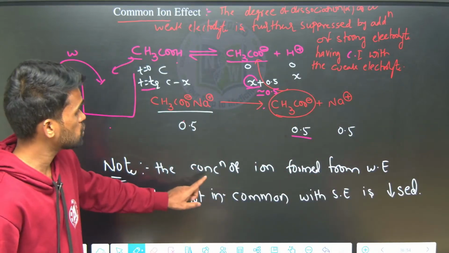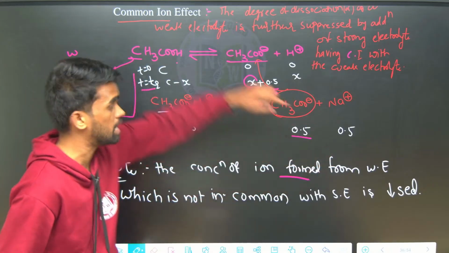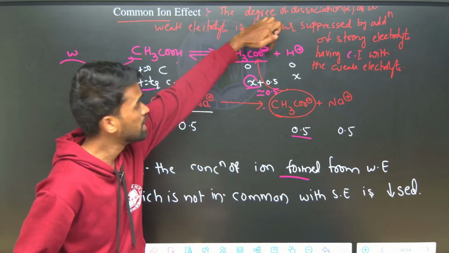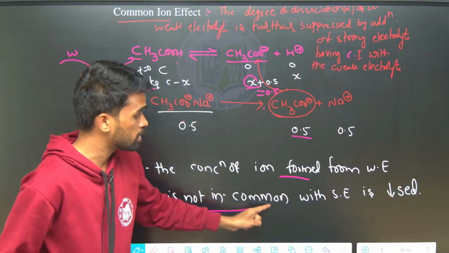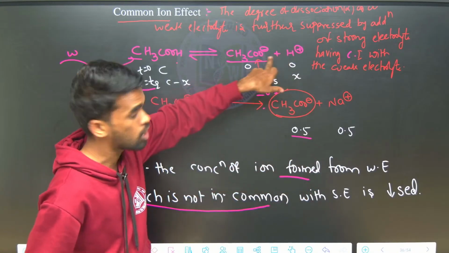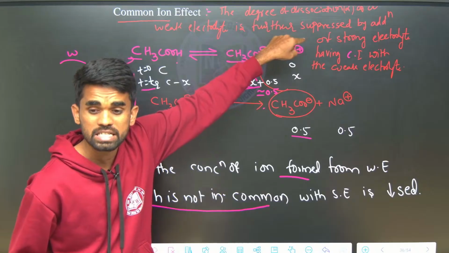The concentration of ion formed from the weak electrolyte, these are the two ions formed. The ion which is not in common with the strong electrolyte, which ion is not in common here? H plus ion. So its concentration will decrease.